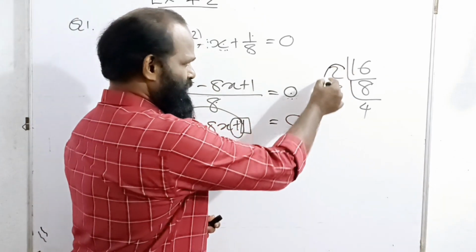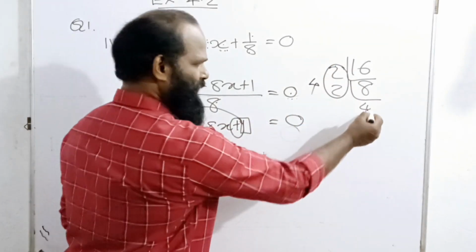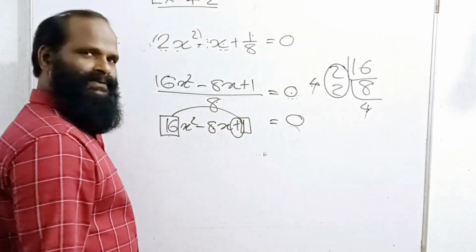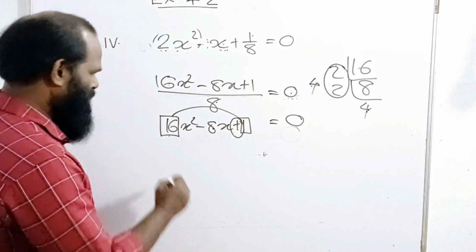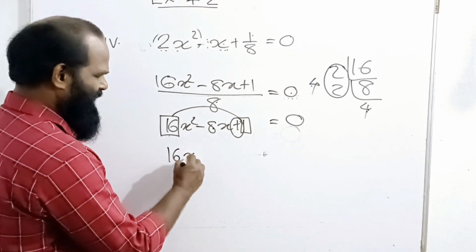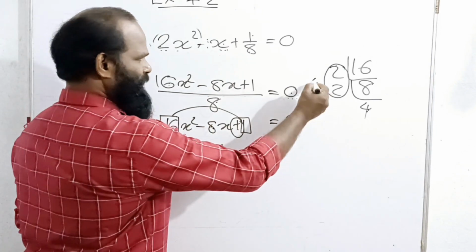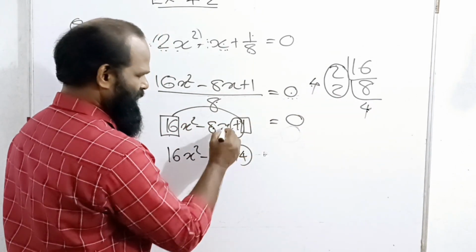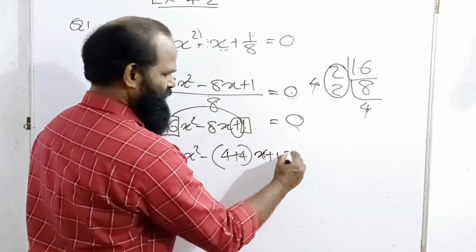See, 2 into 2 is 4 and 1 4. 4 plus 4, 8. So these are the numbers I've been looking for. We can write 16x square minus, instead of 8, we can write 4 plus 4, into x plus 1 is equal to 0.